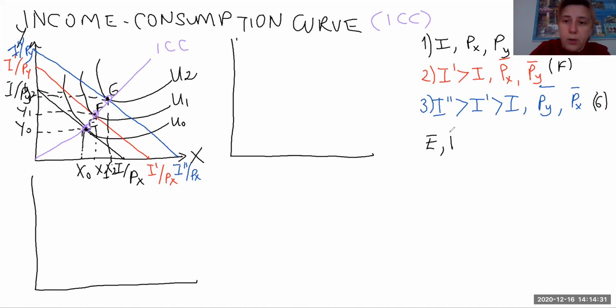For all these points E, F, and G, please try to understand that the equilibrium condition, which is marginal rate of substitution of X for Y equal to the price ratio. These are all the tangency points, as you can see. So marginal rate of substitution just equals price of X over price of Y on this income consumption curve for all these points. This is valid.